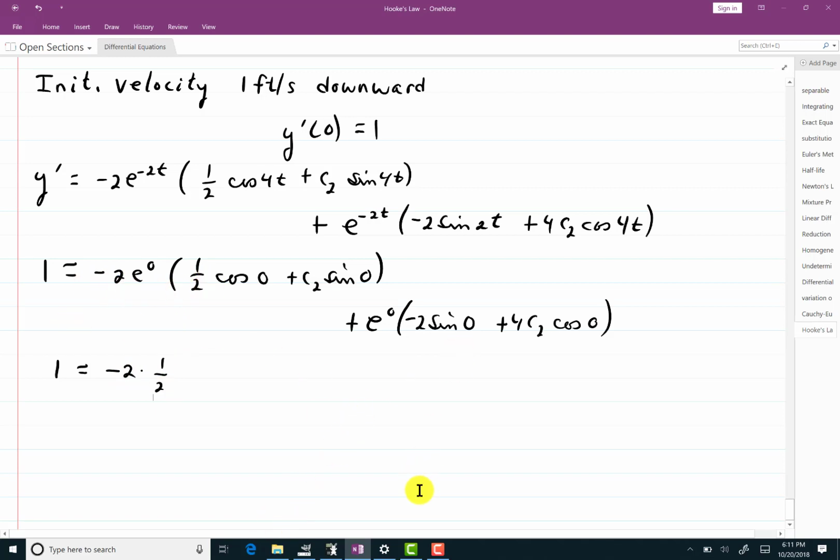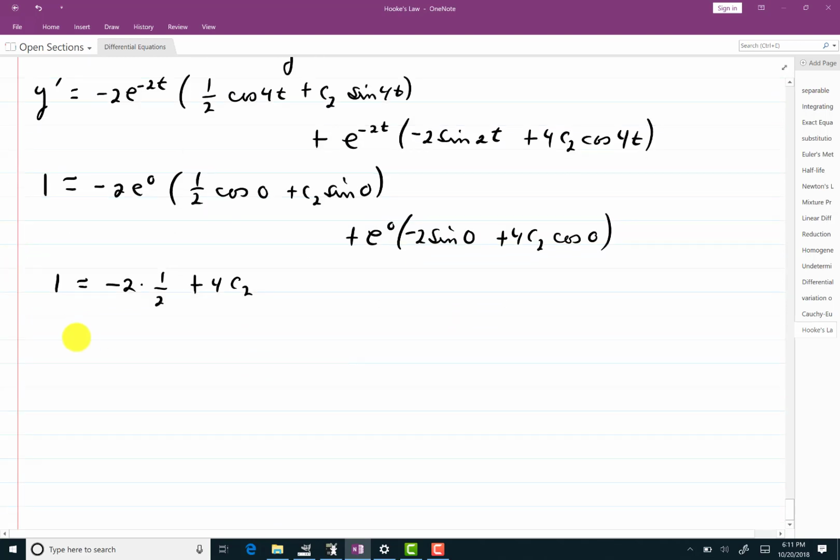And then over here, I'll just get plus 4c2. So 1 equals negative 1 plus 4c2. 2 equals 4c2. c2 equals 1/2, just like c1.